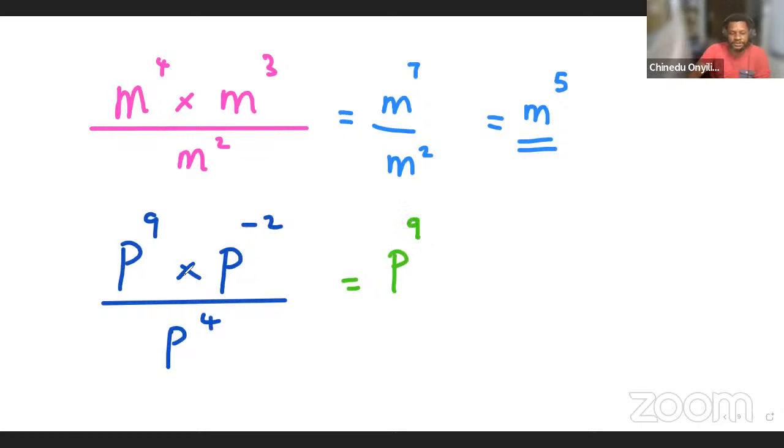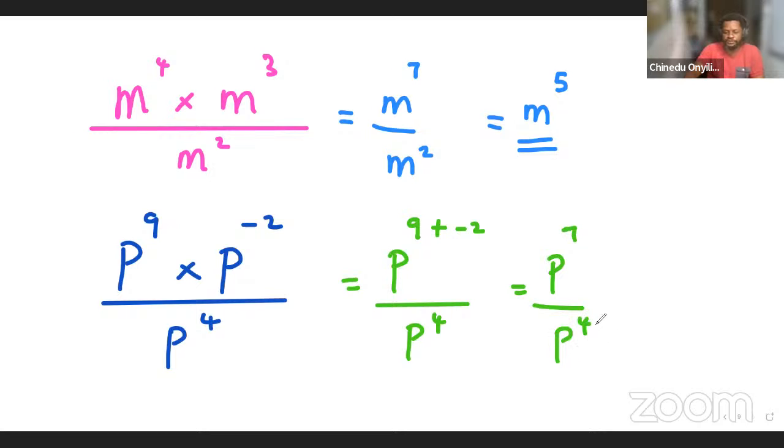This is 9, and because you're multiplying, this is plus, and then the next is minus 2. You then divide that by p to the power 4. When you have a plus and minus together like this, it changes to minus. So this is p to the power 9 minus 2, that's p to the power 7 divided by p to the power 4. p to the power 7 divided by p to the power 4 will simply be p to the power of 3, because you subtract the powers.